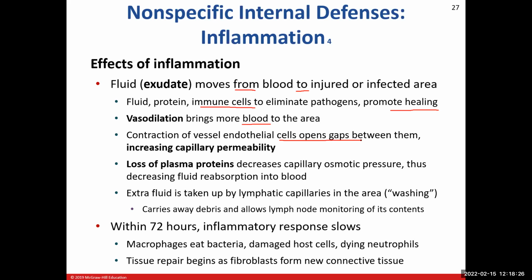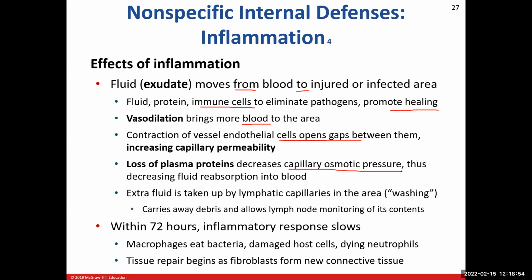And then don't forget about our plasma proteins. They exert that capillary osmotic pressure. Remember that oncotic pressure that we were talking about that was inside the capillaries? Well, if our blood vessels become leaky, we're going to lose plasma proteins. Where are those proteins going to go? They're going to go out into the tissue, and they're going to take that attractiveness for fluid with it.